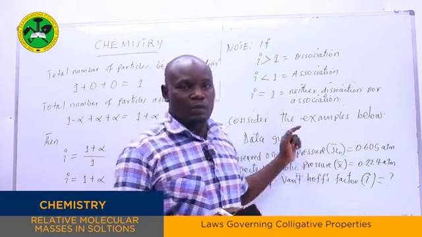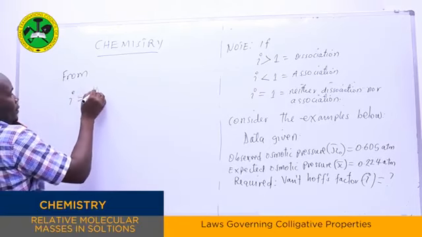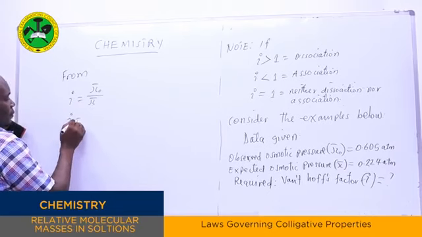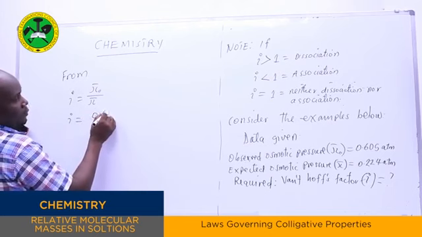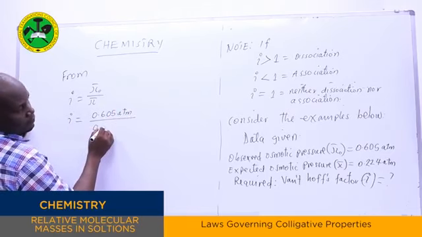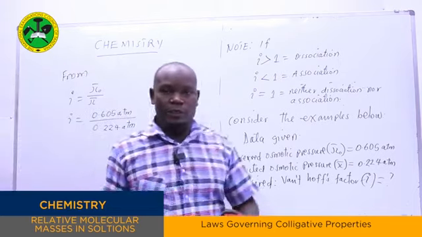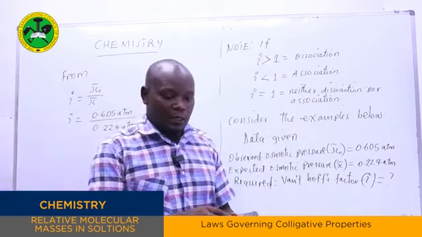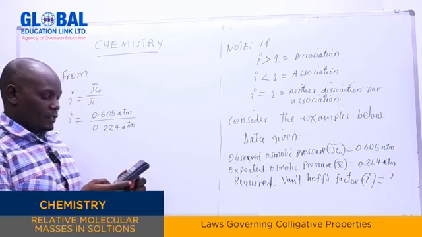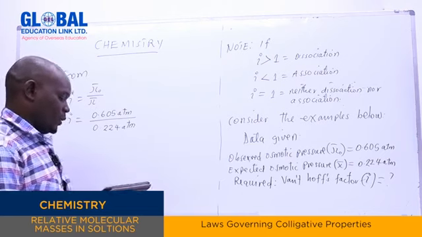So if we substitute the data that we have been given there into our calculator, 0.605 divided by 0.224, the answer is 2.7.